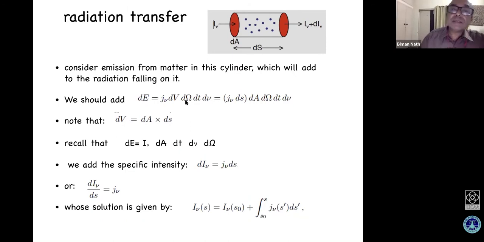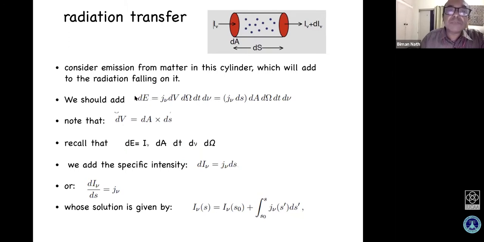Now, let us say I define a quantity called j nu, which I'll call emissivity. This will denote the emitting power of the matter in this volume. So the emission from this matter will add to the radiation that is falling on this side.